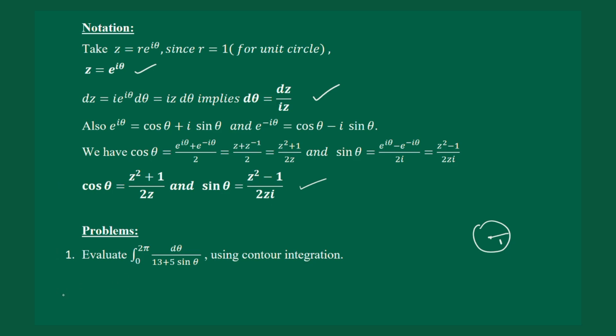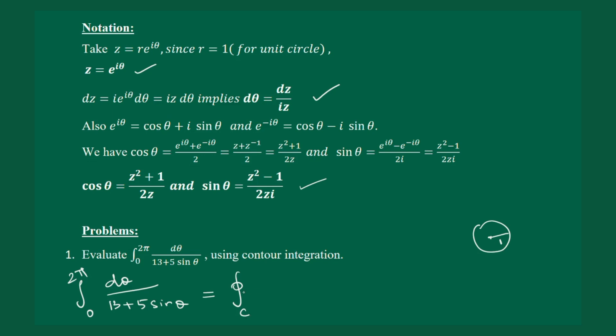So the given question, the integral from 0 to 2 pi of d theta by 13 plus 5 sin theta, we can write in terms of the unit circle C. Because of the circle or closed curve, we represent the integral symbol like this over the circle C.